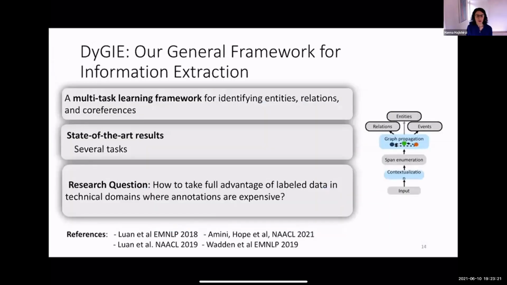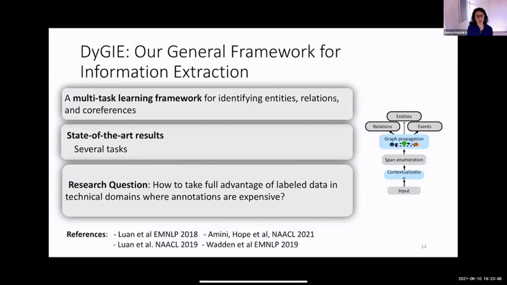Okay. So our general framework has three main important things. One is that it's a multitask learning framework that jointly identifies entities, relations, co-references, and also events. It achieves state-of-the-art results in several benchmarks, including scientific data as well as the general domain.